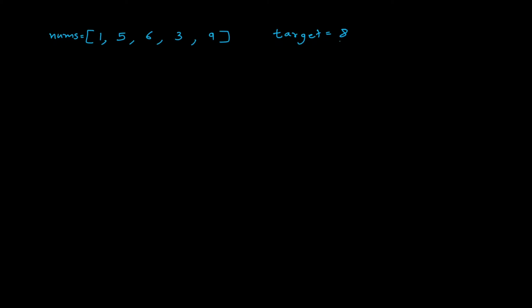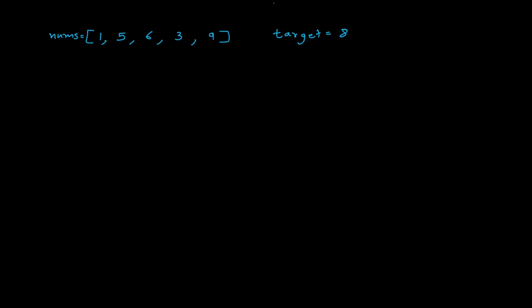If the sum adds up to the target, then we will return the indexes of these numbers. But the time complexity of this solution will be O(n^2) because we are checking every number n times. And the space complexity will be O(1), which is constant.